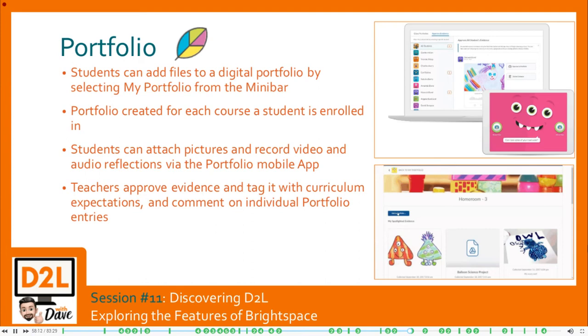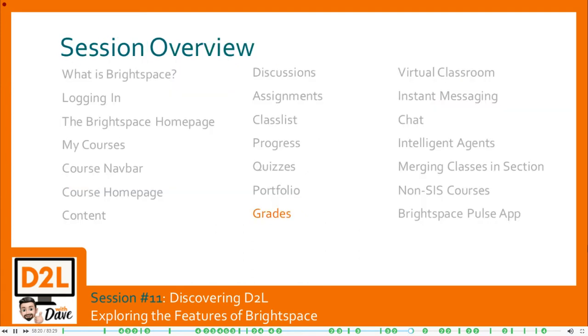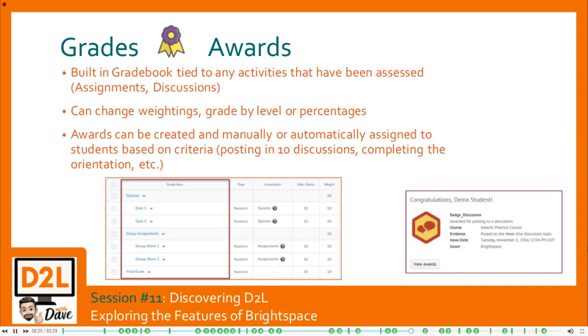You can also use rubrics inside of Portfolio and attach curriculum expectations that show up in the progress page. So there's a lot of good tools you can use. There's also a built-in gradebook that you can use, and you basically attach activities to the gradebook, and then you can assign awards based on completion of certain things.